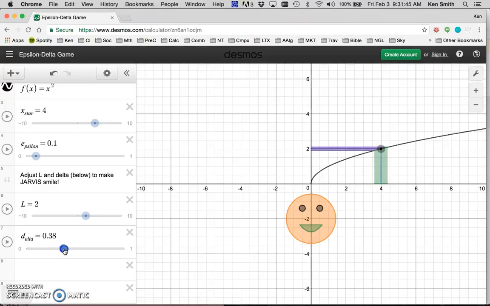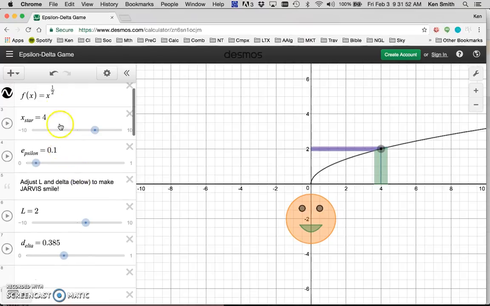There we go. About 0.38 will work. So if I give you the square root function, and I say we want to show that the limit at 4 is 2, and I give you epsilon 0.1, then it turns out that delta 0.385 will work.